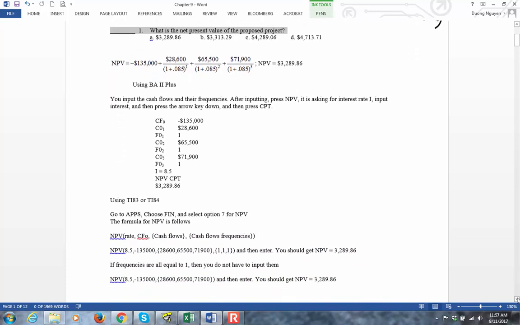If you don't have a BA II Plus, you can use a graphing calculator, TI-83 or TI-84. So you go to apps, choose finance, select option 7 for NPV. The formula for NPV is, open parentheses, rate.